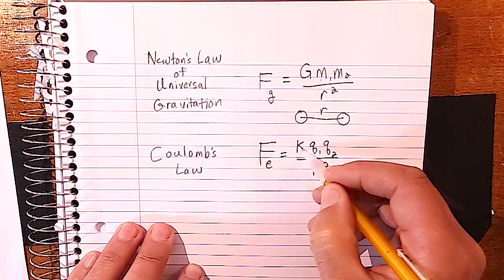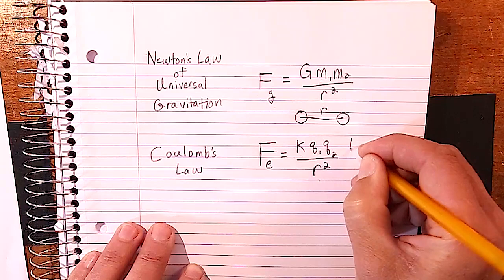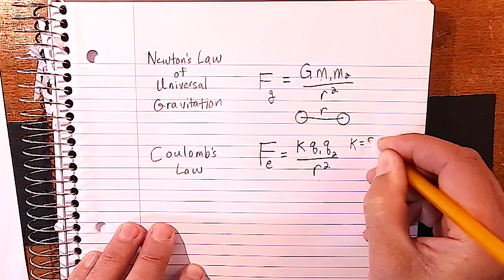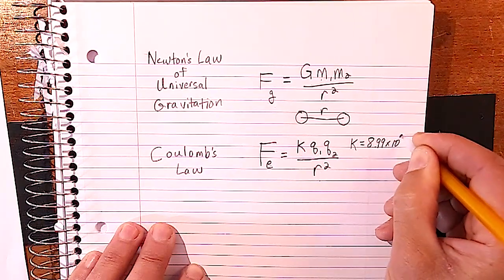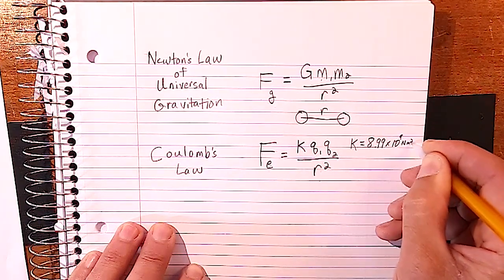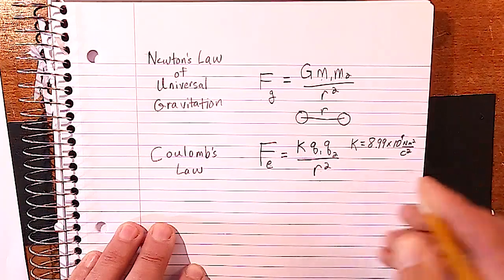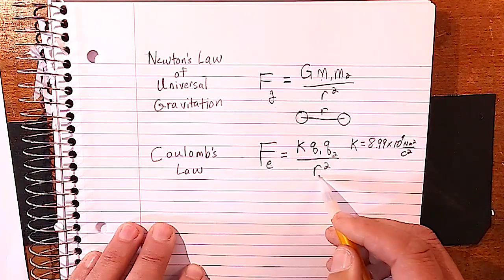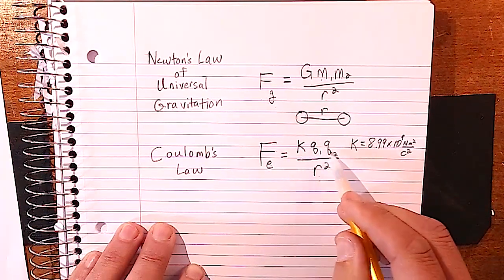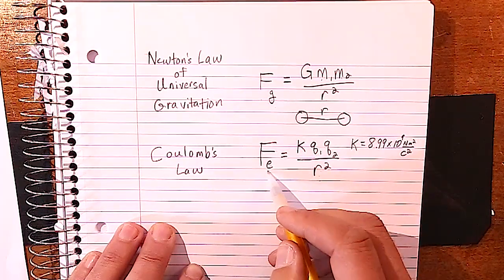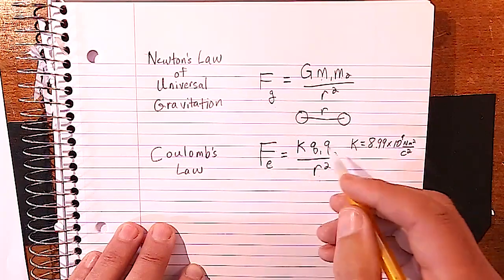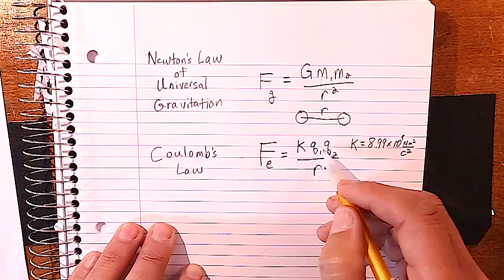So this k is a new constant, which is 8.99 times 10 to the 9th Newton meters squared per Coulomb squared. So the meter squared cancels with the meter squared, and the coulombs times coulombs cancels with the coulomb squared, and we're left with a force of newtons. But what happens if we put a negative sign in here?